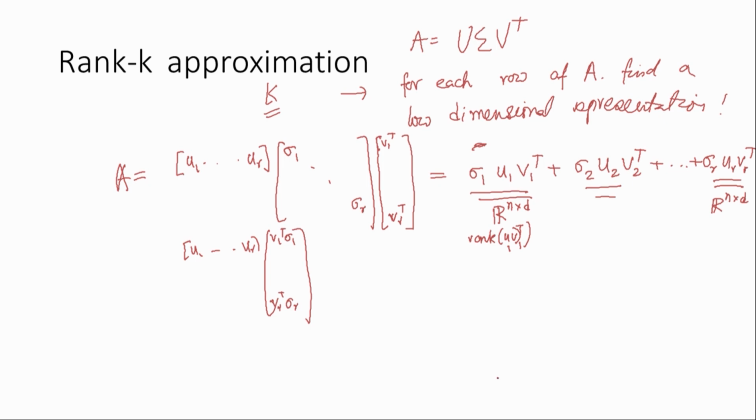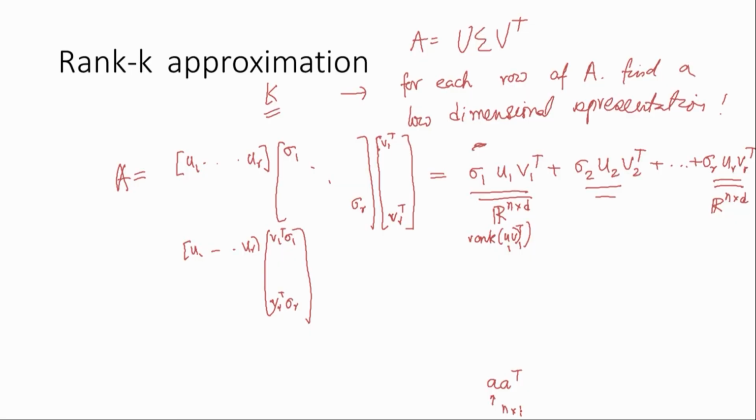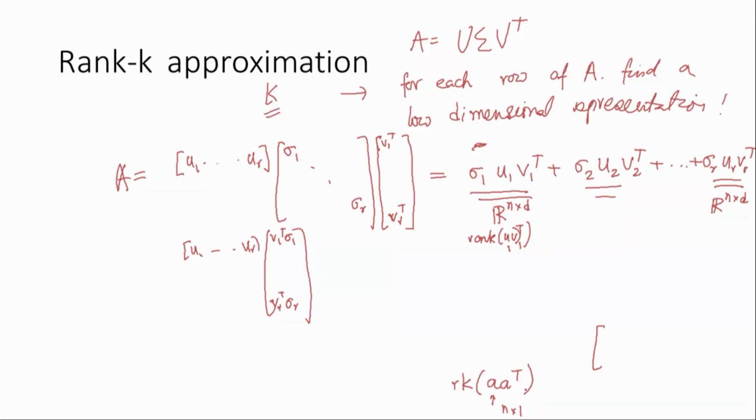Okay, let me ask a simpler question. What is the rank of A B transpose, if A and B are vectors? Okay, we'll do that in the tutorial today. The rank of A B transpose is 1.